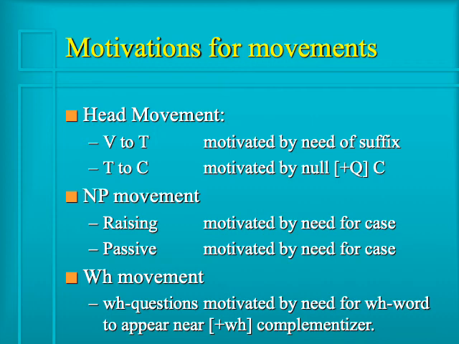And lastly, in this chapter, we are going to learn how to draw trees for WH questions. And as we just previously saw, WH questions move to the beginning of the sentence because in English C has a plus WH feature, and WH words have to appear near to the plus WH complementizer.